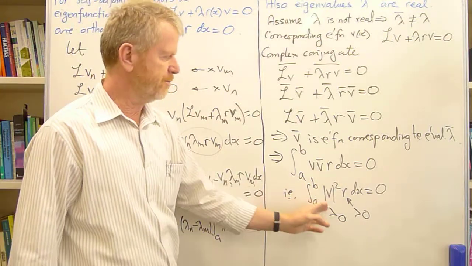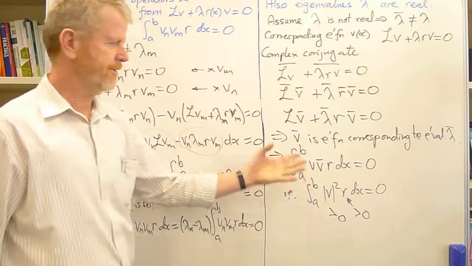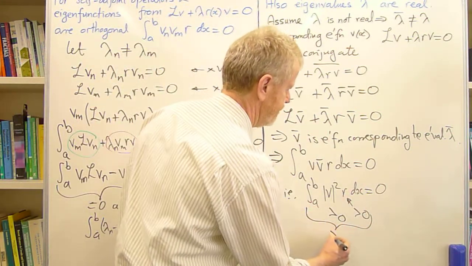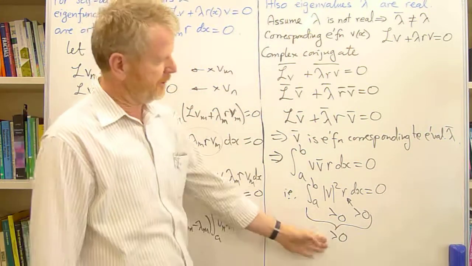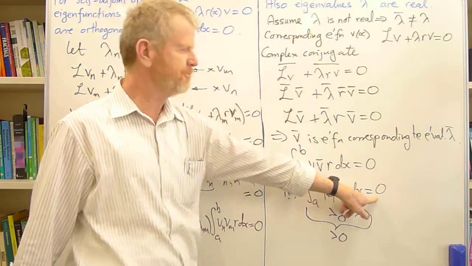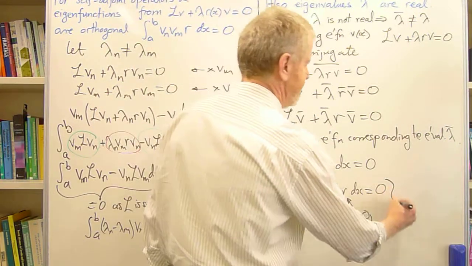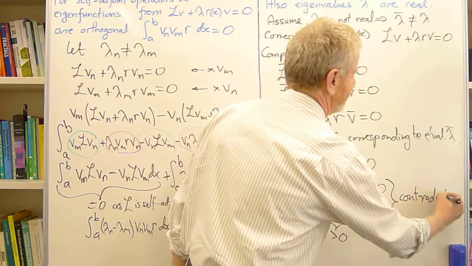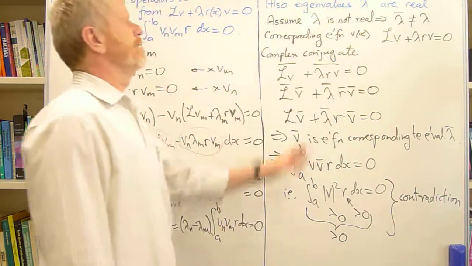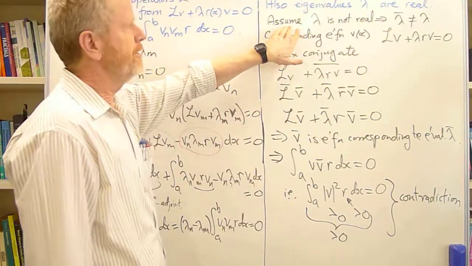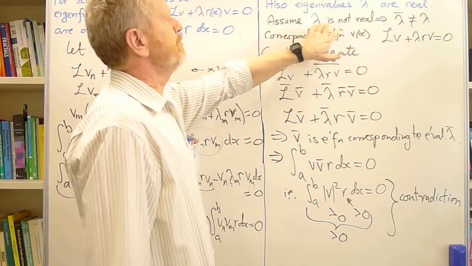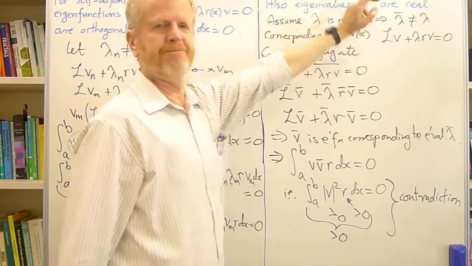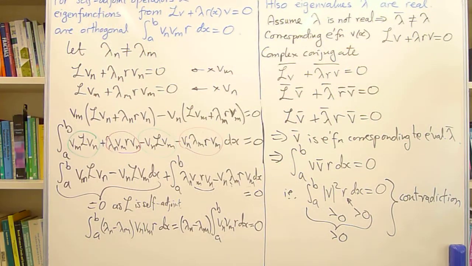So this integrand is bigger than 0, and so this whole integral itself has to be bigger than 0. But that contradicts the fact that it's equal to 0. And that contradiction implies that the assumption is wrong, and the assumption is that lambda is not real. That's wrong, so the eigenvalues have to be real. That's it.